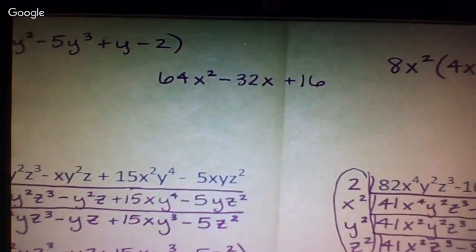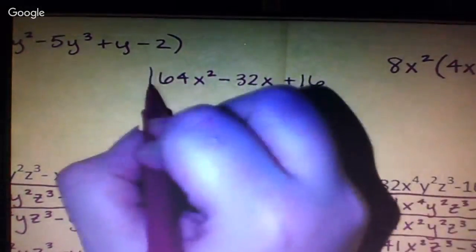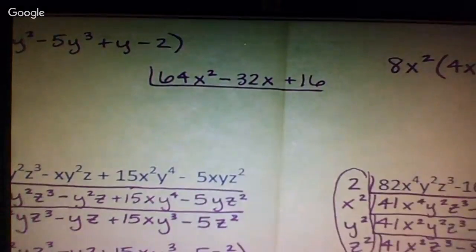No. Okay, so I want to show you what happens if you don't pick the biggest number that goes in. Each one of these is even. Most of you can look at this and say, okay, 8, 16, whatever. Just pick a random spot where you have a little bit of space.